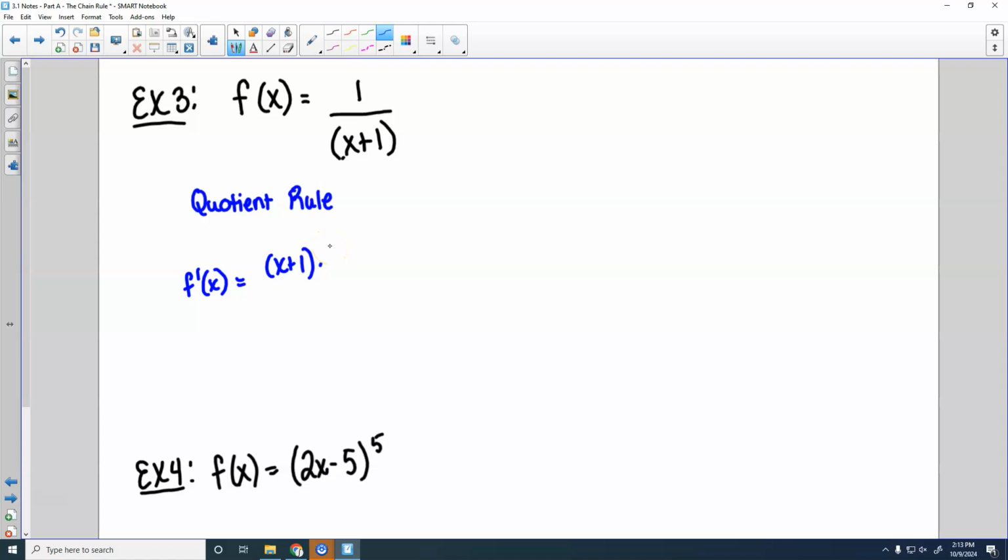What is that? 0. A lot of people mess that up. They don't put 0 right there. Minus high times the derivative of the low. What's that? 1, all over x plus 1 squared. So since this is multiplied by 0, we're just going to get negative 1 over x plus 1 squared.